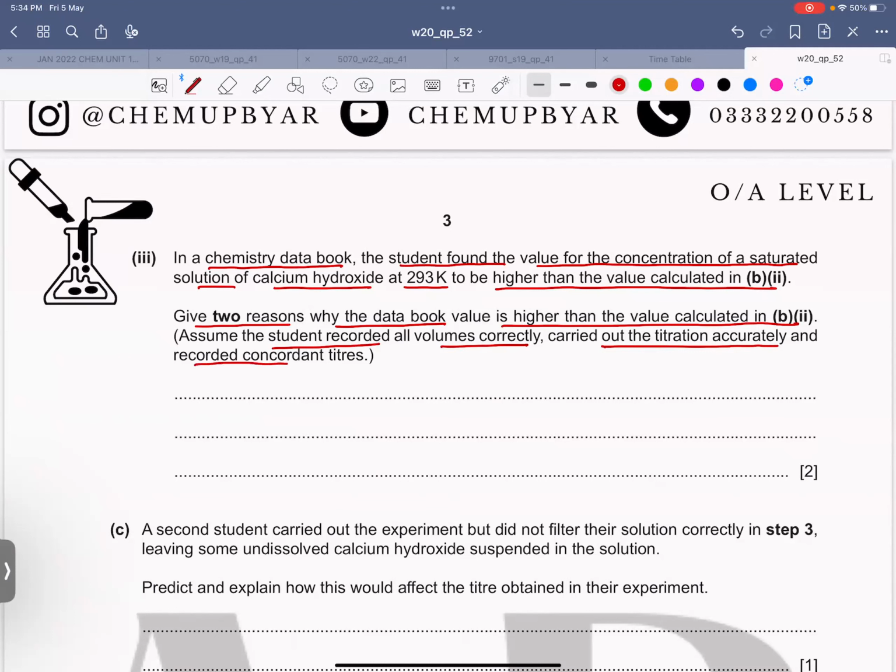And recorded concordant titers accurately. Okay. So if these 3 things are correct and they have performed without any error, then why is the concentration actually lower than the actual one? Give 2 reasons.